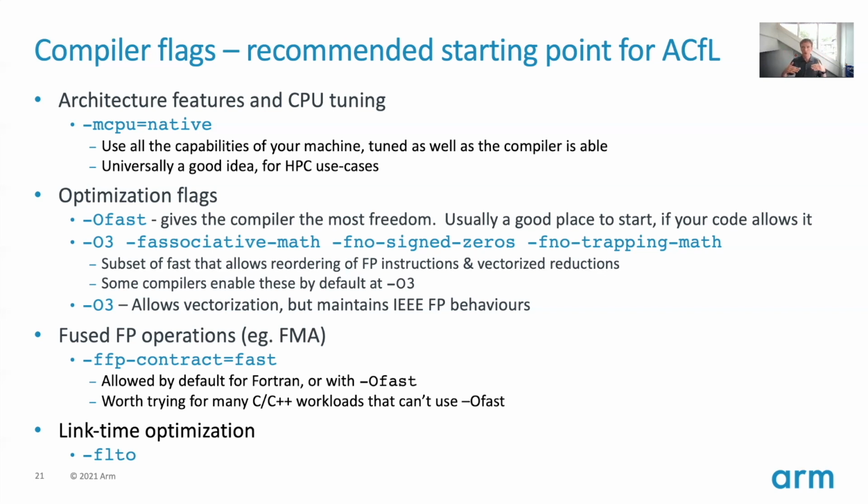Option two is a sort of halfway house. Minus O fast actually enables 7 different things in the compiler. I won't go into what all of them do, but there's a subset of them, which are the 3 listed here, which are to do with associative math, that is the ability to move around floating point operations in relation to each other. So it's called reassociation. Whether or not you need to correctly represent the signedness of 0, and whether or not you have exception handlers registered for floating points that you do something with.